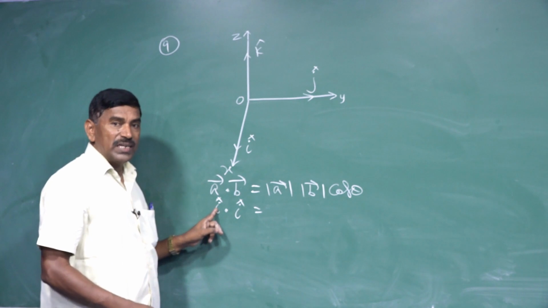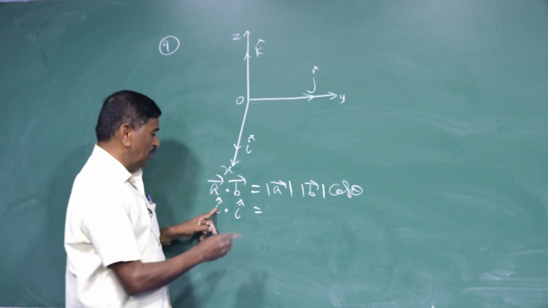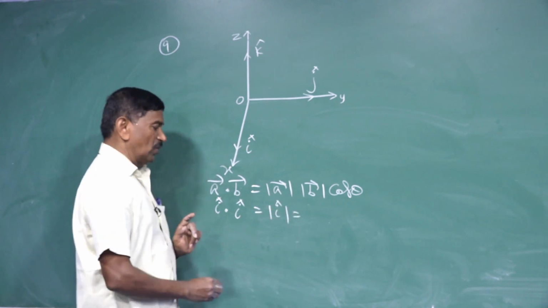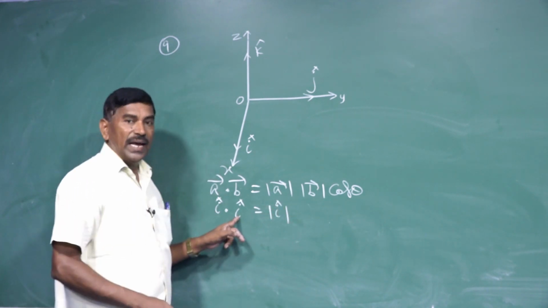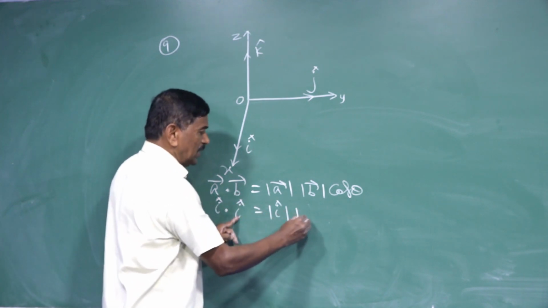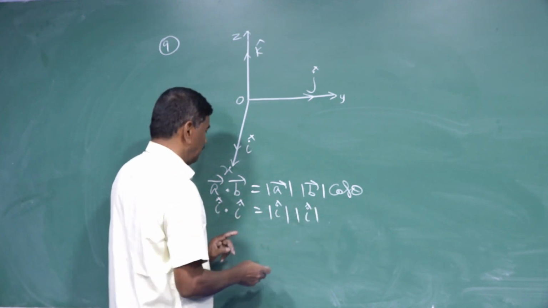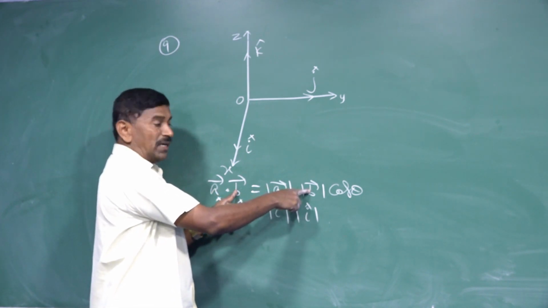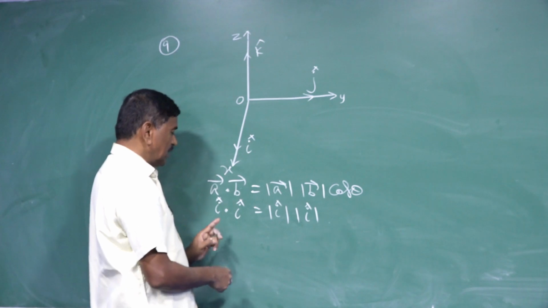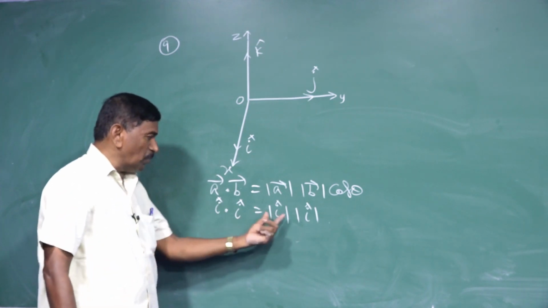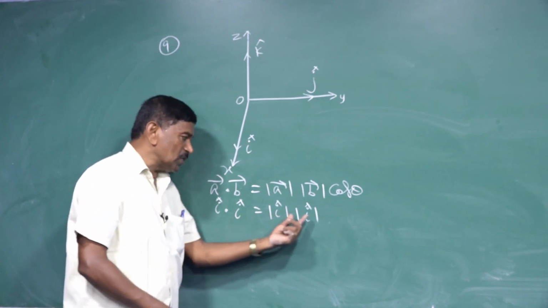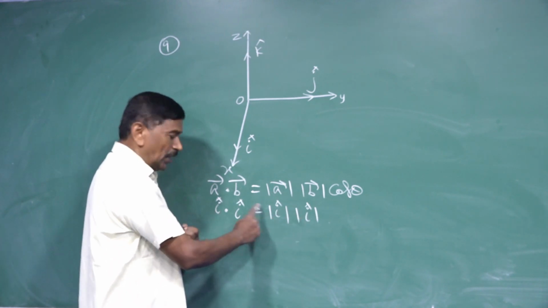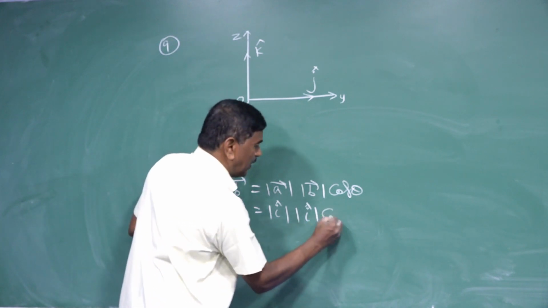Start your answer. That is, first i cap, so modulus i cap, into second i cap, so modulus i cap. Here, first a vector, so modulus a vector, second b vector, so modulus b vector. Likewise, modulus i cap into modulus i cap into cos theta.